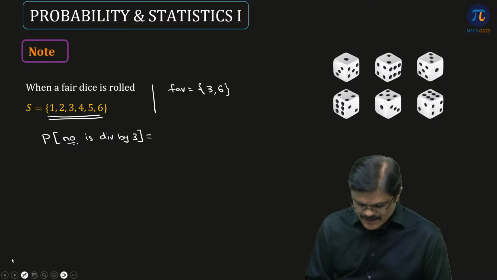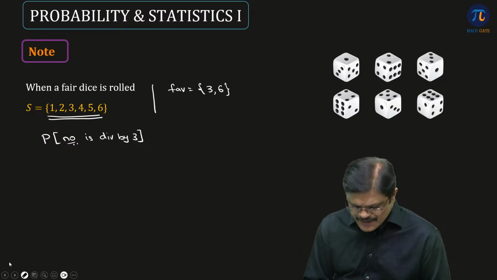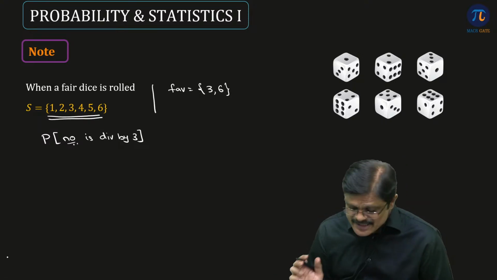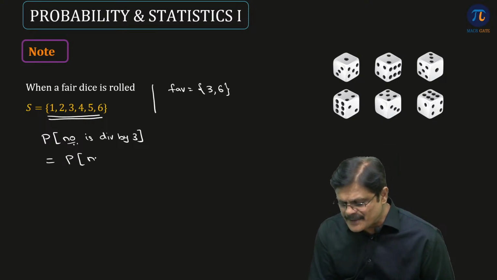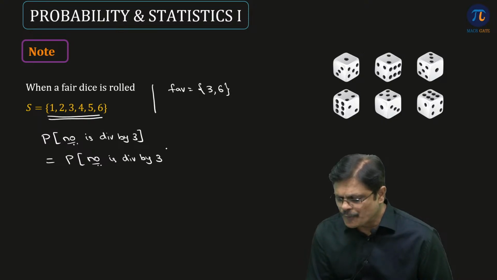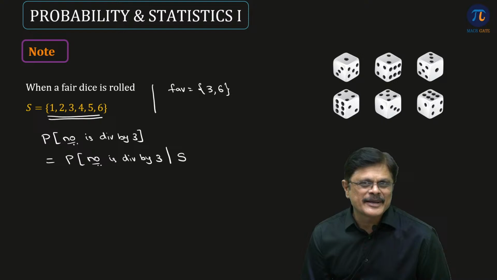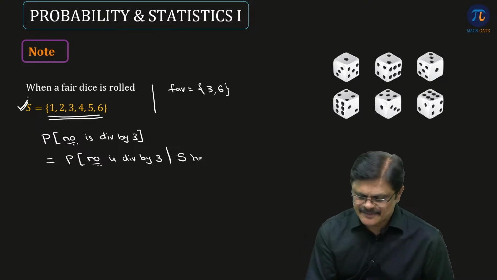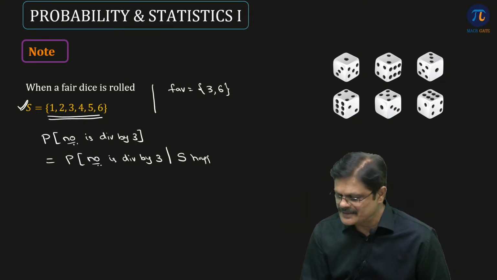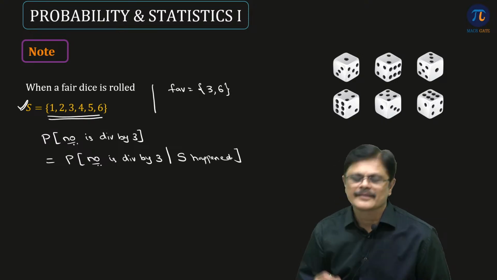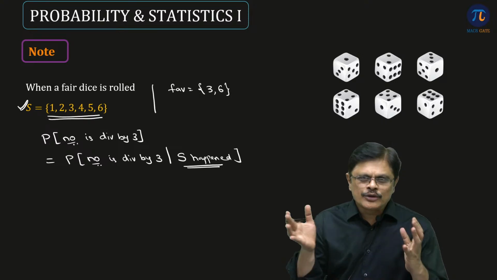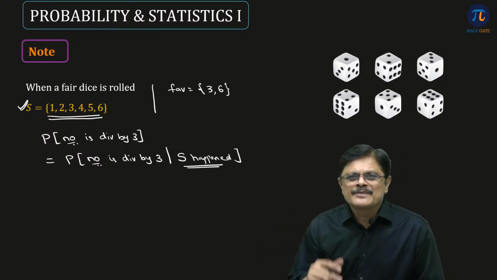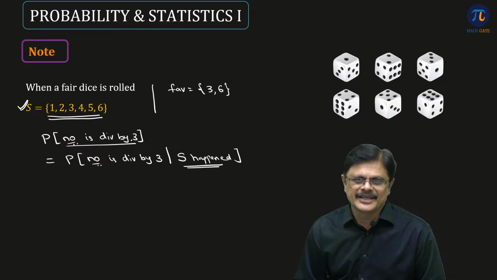So whenever you ask what is the probability that the number is divisible by 3, the question is exactly the same as the probability that the number is divisible by 3 when the sample space happened. We need not mention this because obviously out of the 6 we are looking for the outcomes which are favorable for this event.